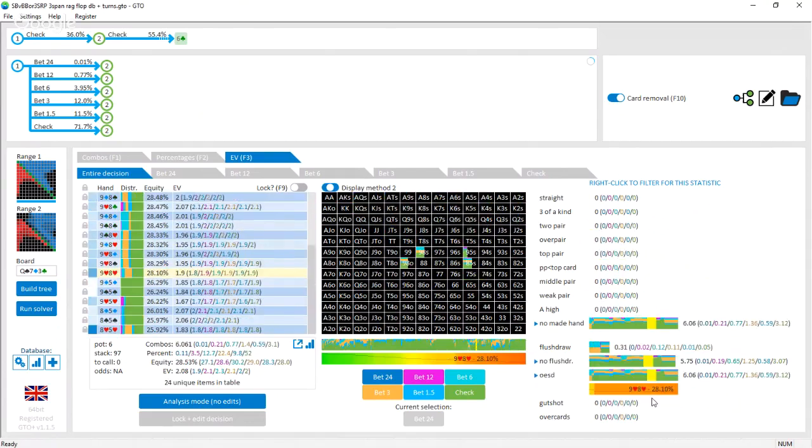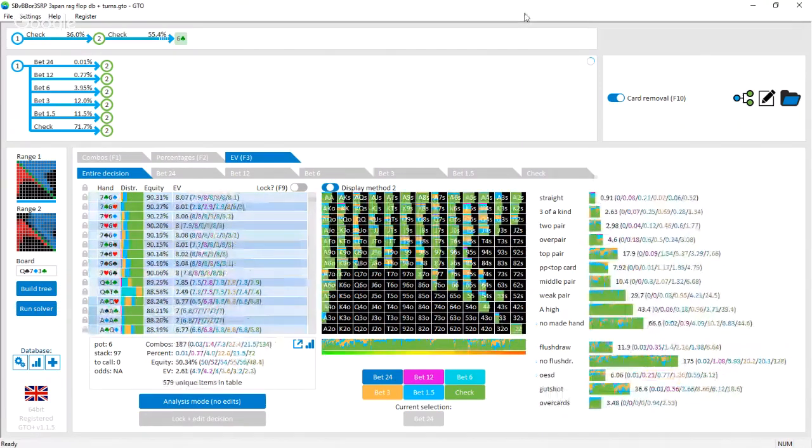So with these drawing hands, you're not drawing as effectively because your opponent is betting so often, and so you should actually bet them. The EV of betting is going to be higher than the EV of checking in that situation. So when your opponent is betting too much into you when you check, you should bet all your weak hands and check all your strong hands.